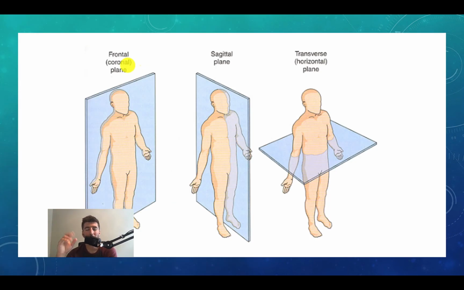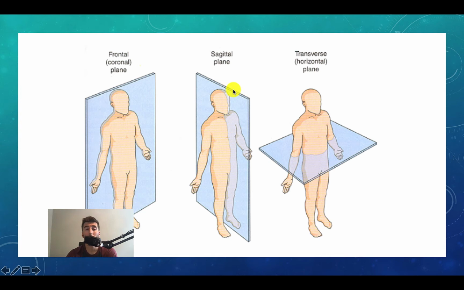Now, where this gets super goofy, and I'm going to mention it to you now, and we'll talk about it over the next couple of slides: movement within the frontal plane means that you're moving side to side, because you're moving within this two-dimensional plane. So imagine if you drew an arrow going this direction and this direction. That would mean you're moving within the frontal plane.